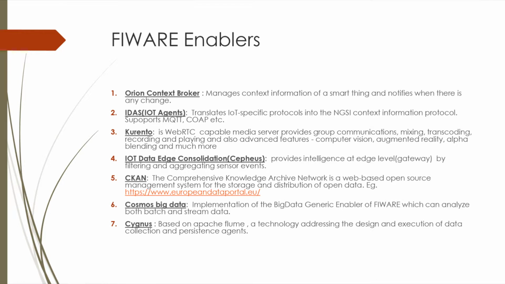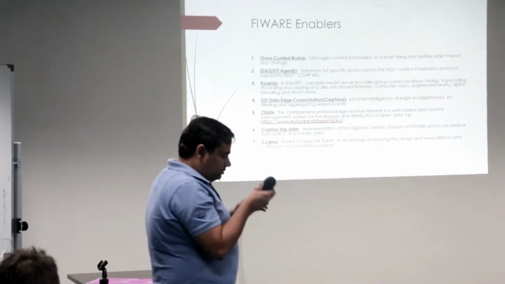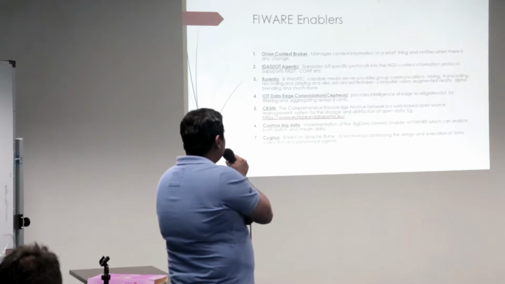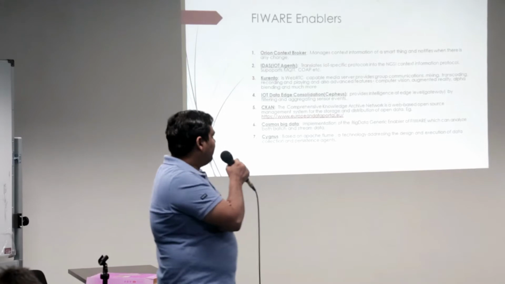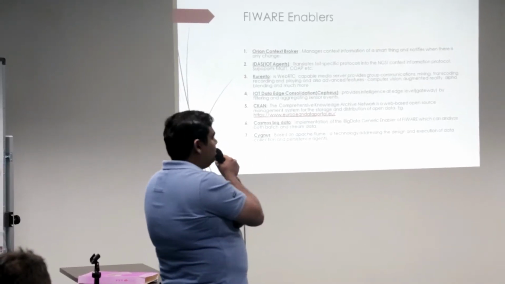So it only stores the current state of the object, as I told you. There is the IDAS IoT agent. As I told you, the IoT agents talk in their traditional protocols and translate that into NGSI. Then we have Kurento media server, which is WebRTC based, for transcoding, computer vision, augmented reality, and so on. CPS enabler provides edge level intelligence.